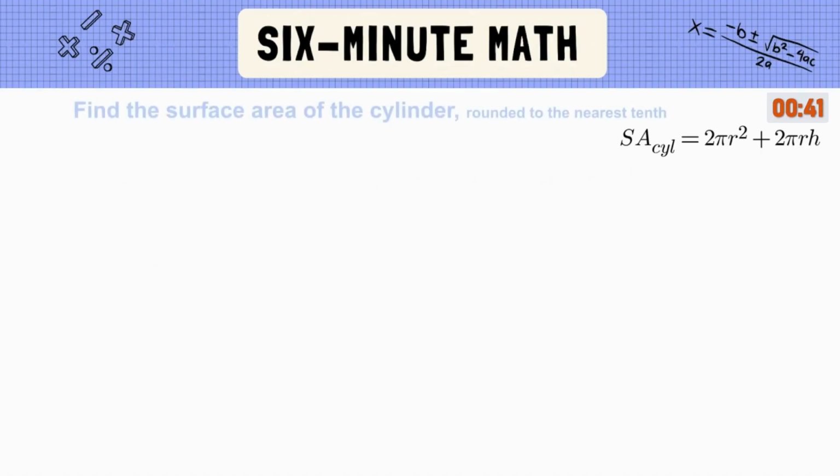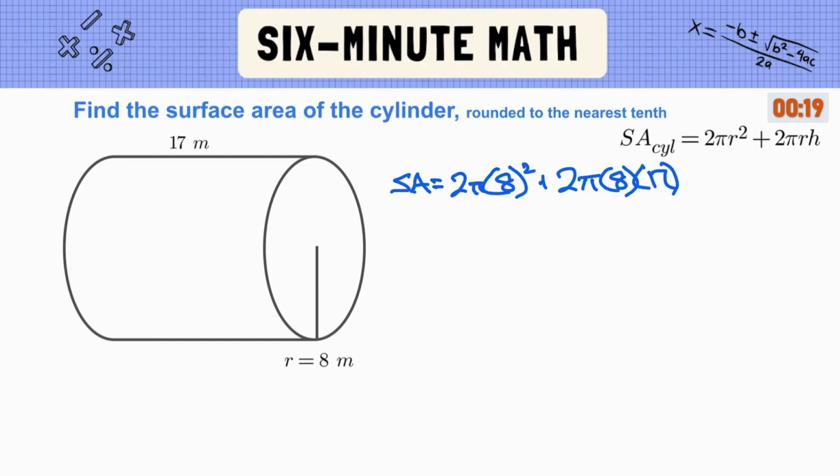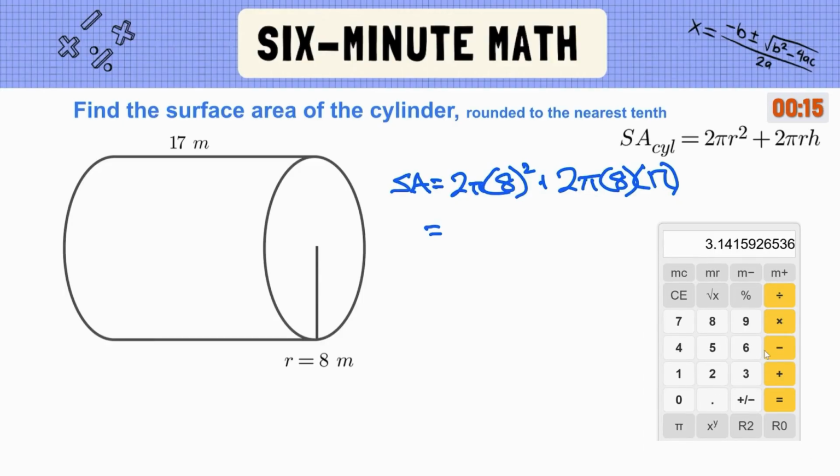On to our last example here. We're going to find the surface area of the following. We have a radius of 8, a height of 17. So we plug those in. Our surface area is 2 times pi times 8 squared plus 2 times pi times 8 times 17. 8 squared is 64.